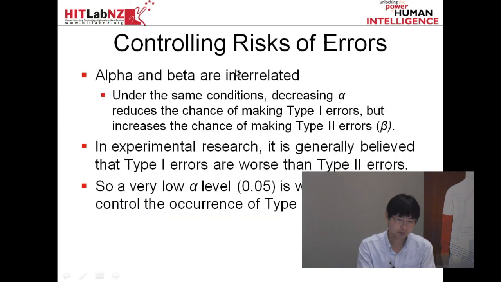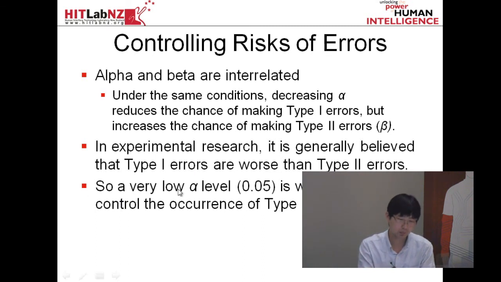So the point is that alpha and beta, which are the probabilities of making type 1 and type 2 errors, are interrelated. In experimental research, type 1 errors are generally considered worse than type 2 errors, in the sense of being more conservative about your findings.